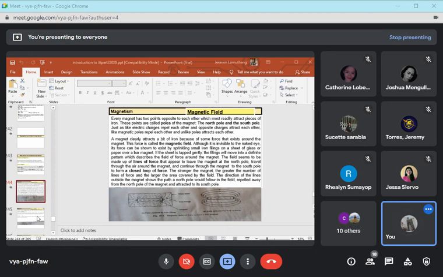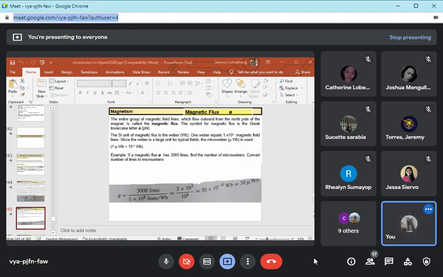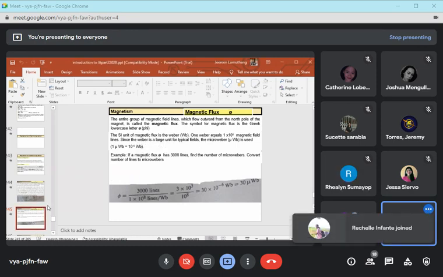Let's now have the magnetic flux. For the magnetic flux, the entire group of magnetic field lines which flow outward from the north pole of the magnet is called the magnetic flux.